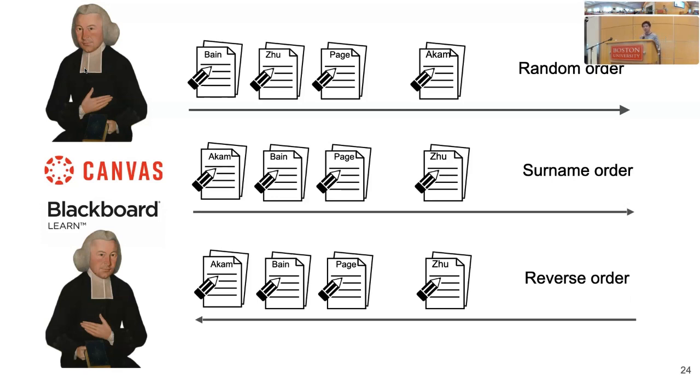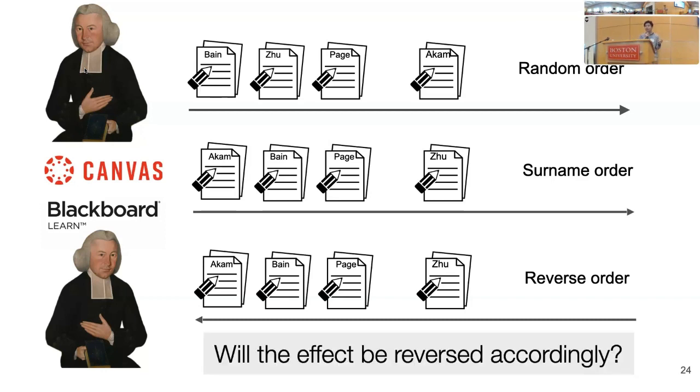I do that sometimes. And if it is really the design of the system, sorting based on student surnames, that is leading to this disparity, then we should expect that in this reverse grading order, the effect will also be reversed accordingly. So will the effect be reversed accordingly?